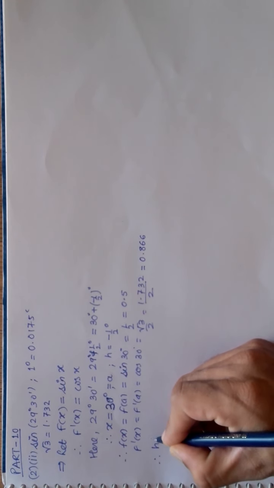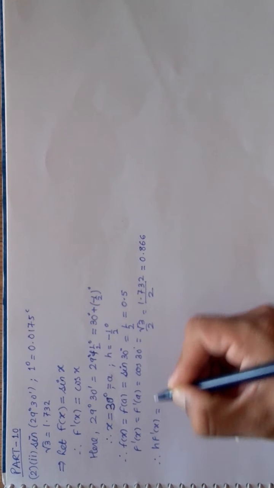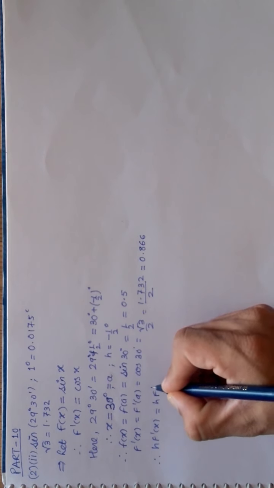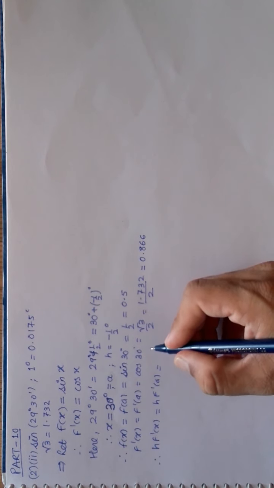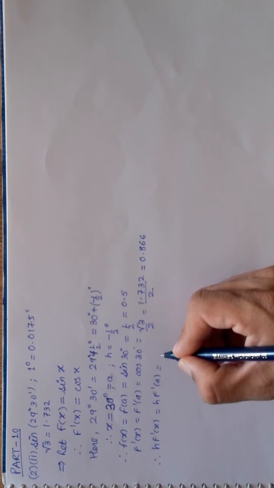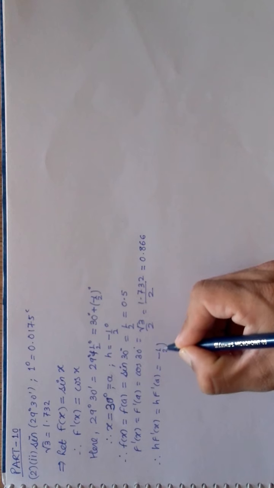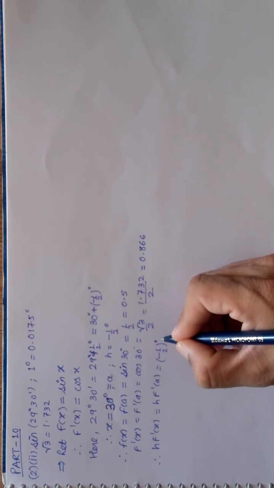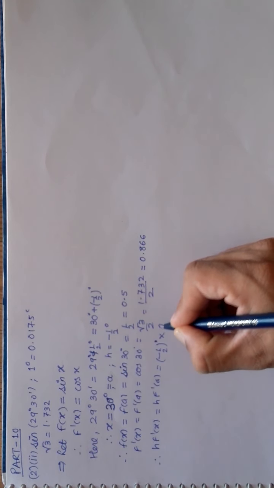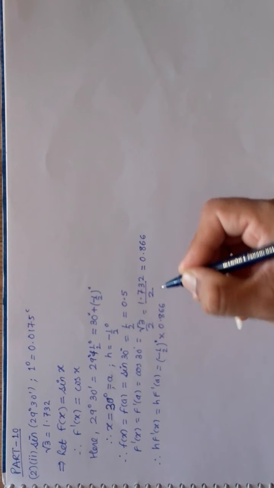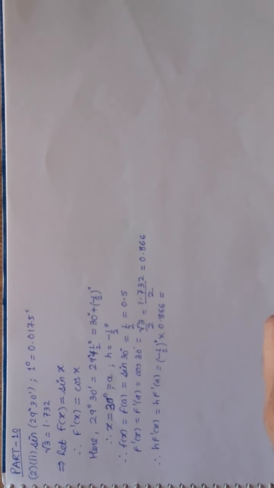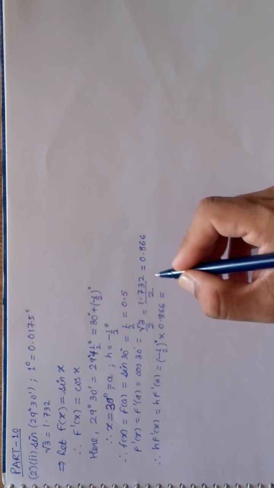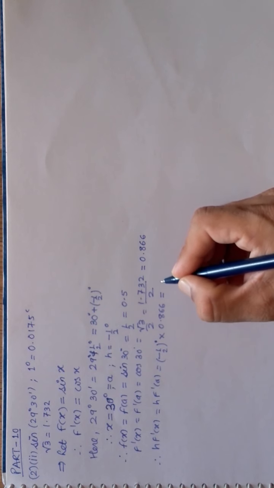Okay. Now, after this, you know the step. It is h into f dash x. So, h into f dash x is nothing but h into f dash a. That is h is your minus half degree, right? So, it is minus half degree into f dash a is your 0.866. So, this minus half degree must be converted into radian. So, it is 1 degree is given to you as 0.0175.